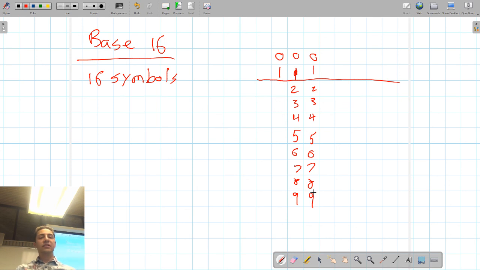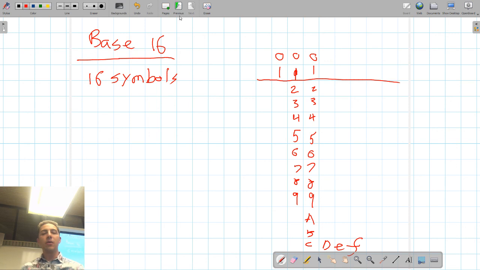And then they still need 6 more symbols. So they take them from the most readily available place, the alphabet. A, B, C, D, E, and F. Sorry, I ran out of space there. So those are the symbols in hexadecimal. It's 16 symbols, 0 being one of the symbols.